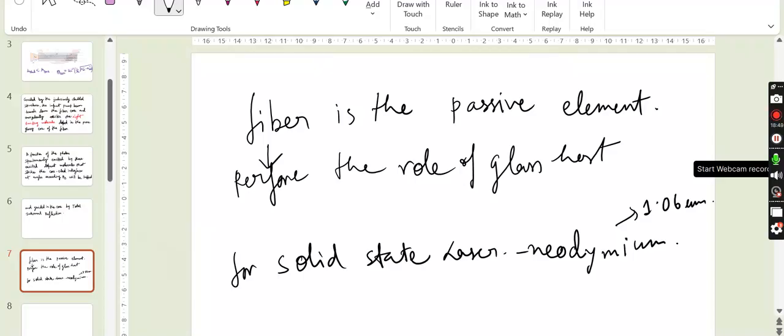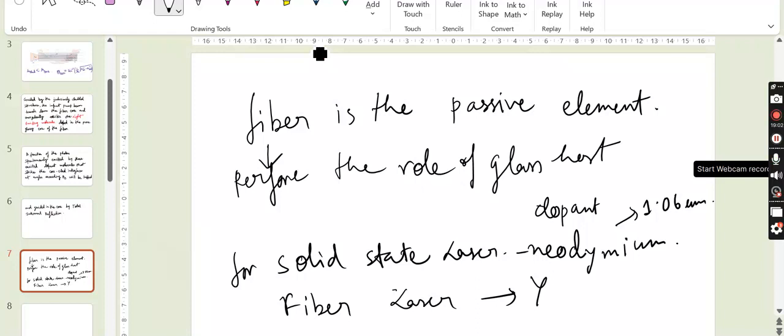for the fiber laser the most common dopant is basically ytterbium.